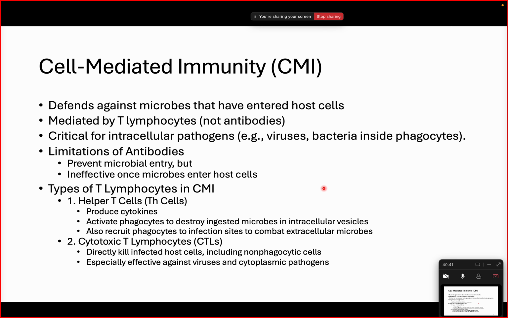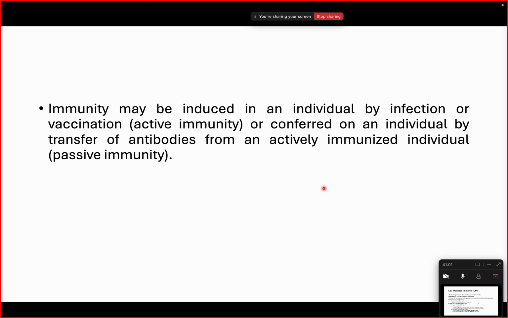They also recruit phagocytes to infection sites to combat extracellular microbes. Cytotoxic T cells, on the other hand, directly kill infected host cells, including non-phagocytic cells, and are especially effective against viruses and cytoplasmic pathogens.